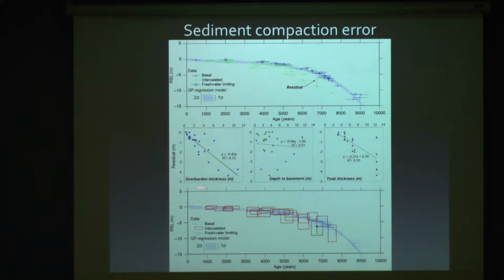We find that overburden thickness has a significant relationship to the residuals from the basal model. So we can use this regression coefficient to shift up these intercalated samples by an amount that's proportional to it. In addition, we add an error in the downward direction that's proportional to this shift upwards, so that the lower bound of relative sea level remains unchanged.